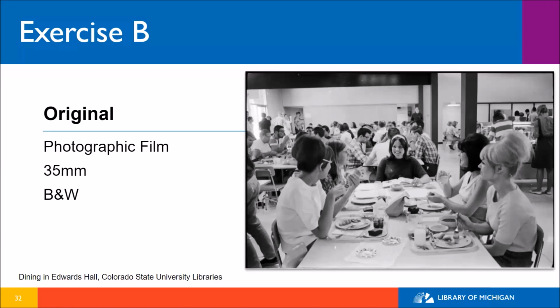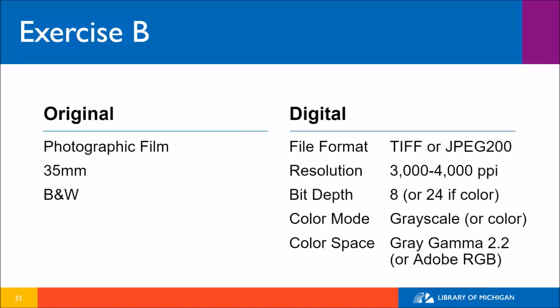So Heidi, you bring up a good point, just looking at what I've put down: an uncompressed TIFF or JPEG 2000. I have a slightly higher resolution, around 3000 or 4000. Again, it depends on what the content is and the level of resolution that's needed.